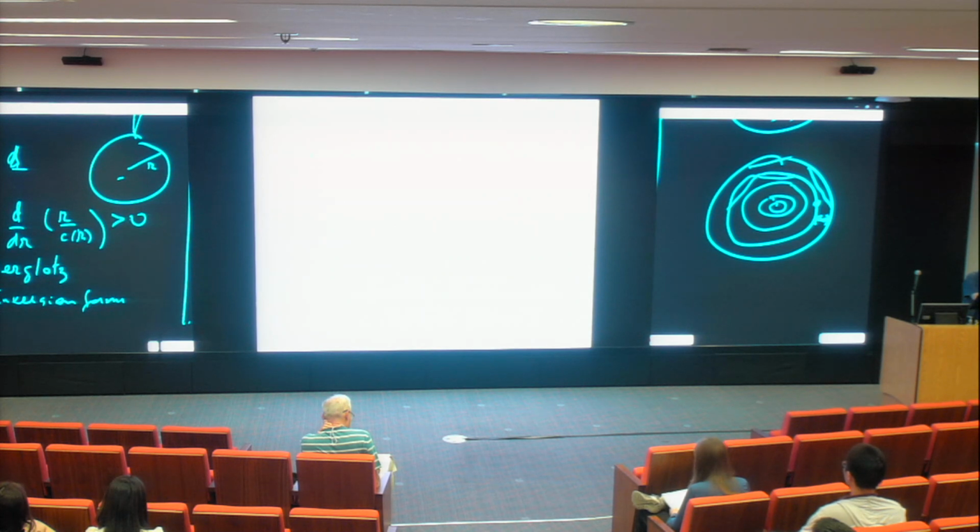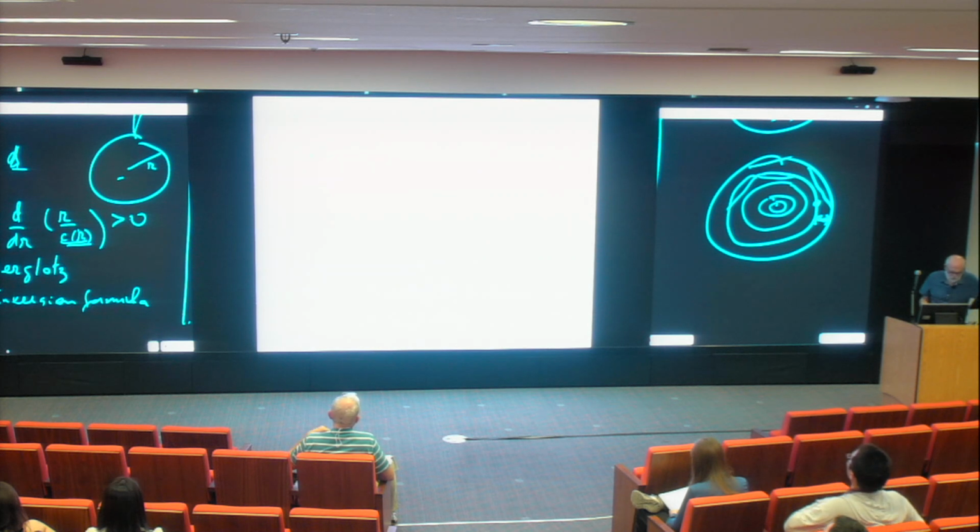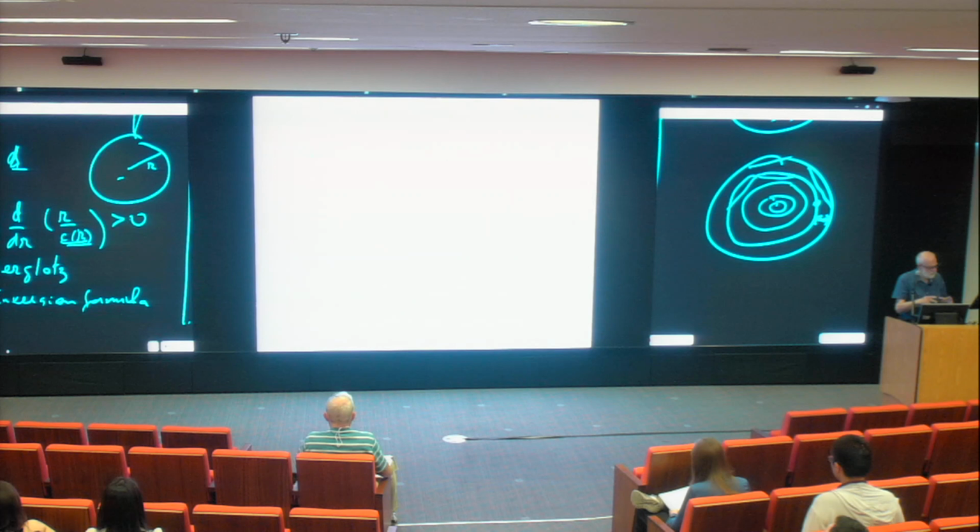This was, by the way, before the Radon transform, 1905, the famous magic year of Einstein. Inversion formula in this particular case, the sound speed depends only on the radius. This was used for the first model of the Earth. The first model of the Earth was spherically symmetric and used the Herglotz inversion formula to recover.